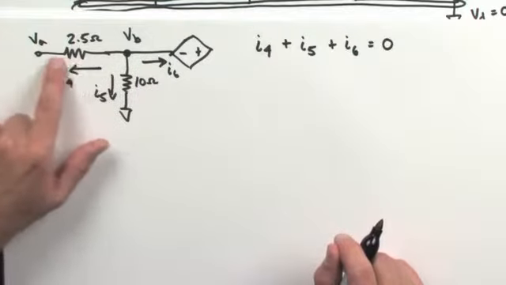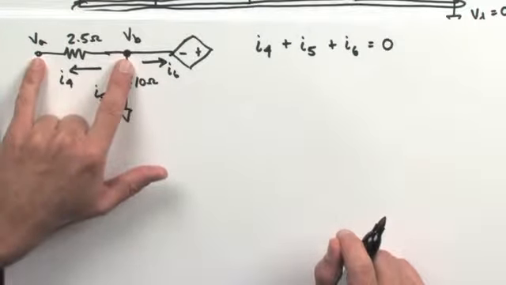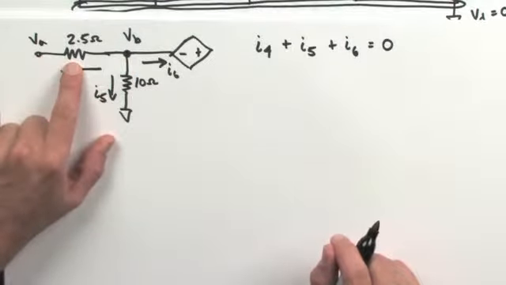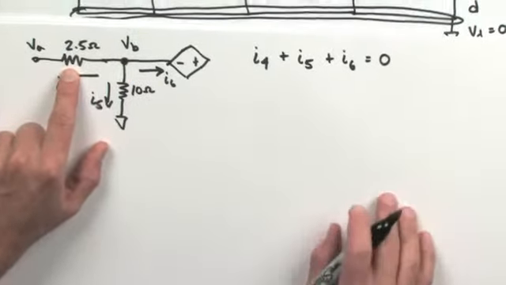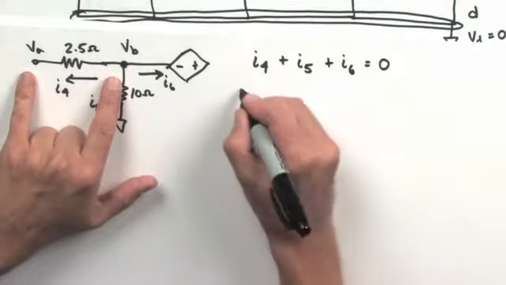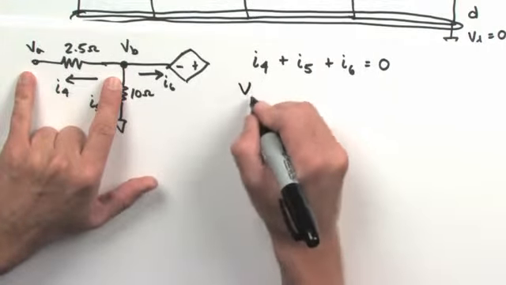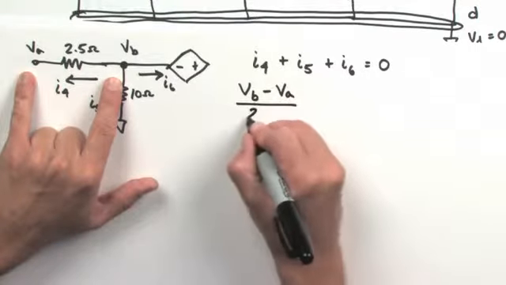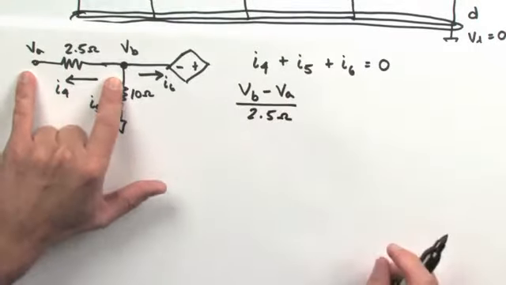So this path right here is going to depend upon the voltage difference between VB and VA divided by the resistance of this resistive element. So I4: VB minus VA divided by 2.5 ohms.